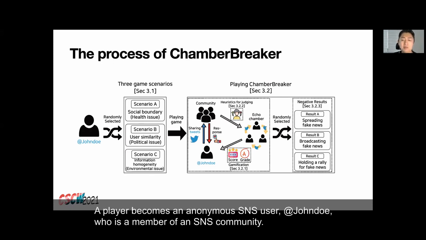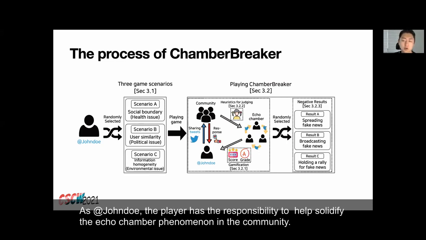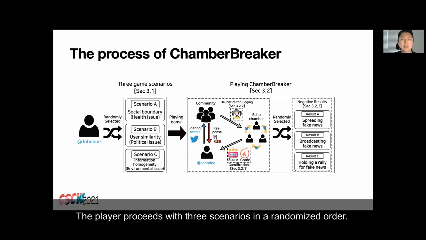A player becomes an anonymous SNS user, John Doe, who is a member of the SNS community. As John Doe, the player has a responsibility to help solidify the echo chamber phenomenon in communities. The player proceeds with three scenarios in randomized order. Each scenario describes the characteristics of the echo chamber effect.